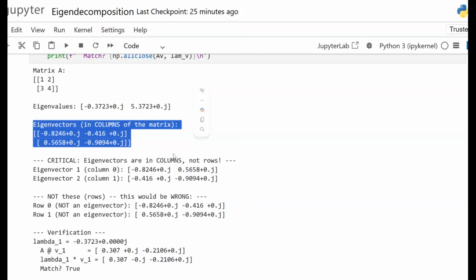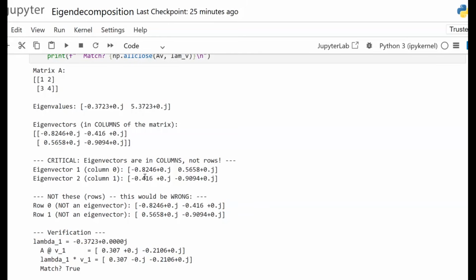And dear friends, again I specify here the single most common mistake when working with eigenvectors in code: confusing rows and columns. NumPy stores the eigenvectors as columns of a matrix, not rows. With a square matrix, you will not get a shape error if you accidentally use rows, so you just get a wrong answer silently. Always access eigenvectors by column slicing, not row slicing.